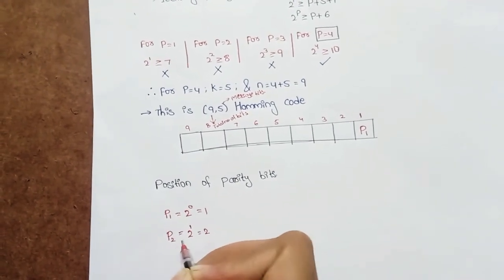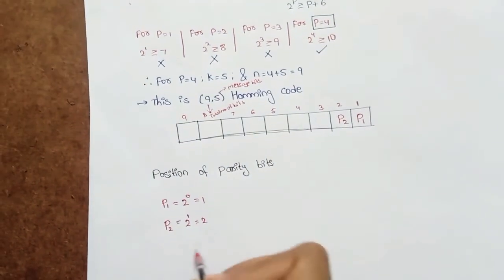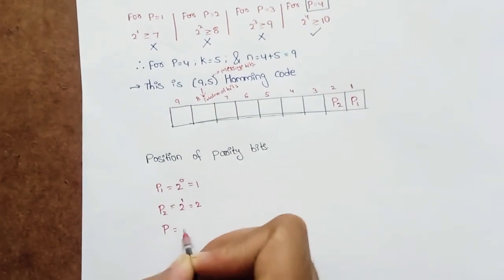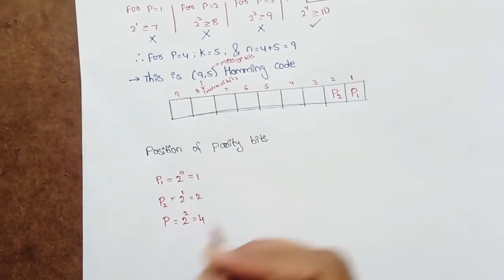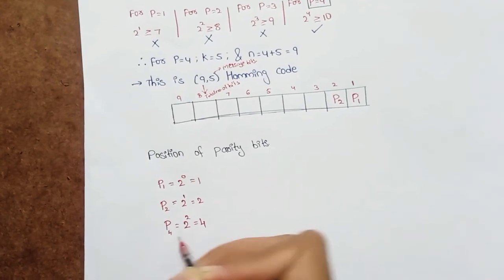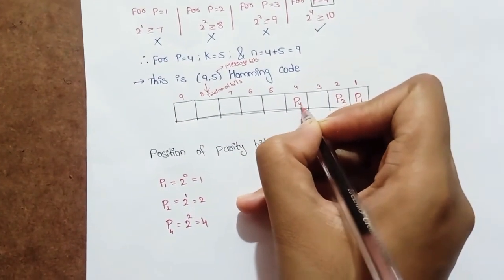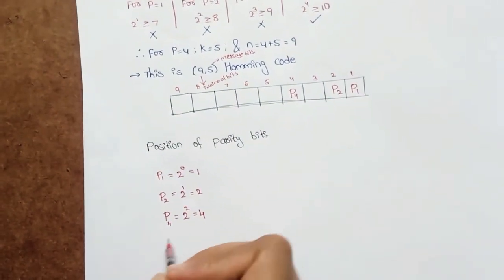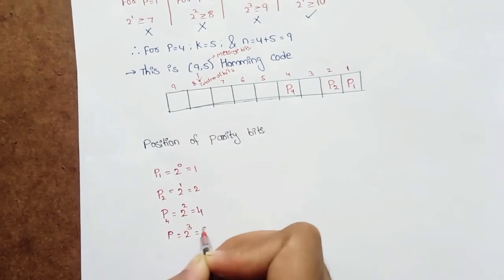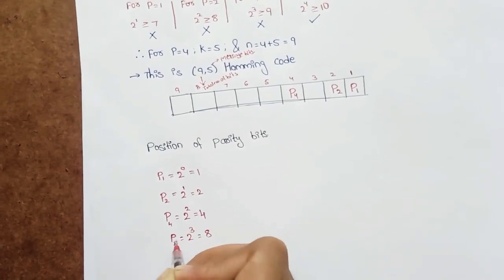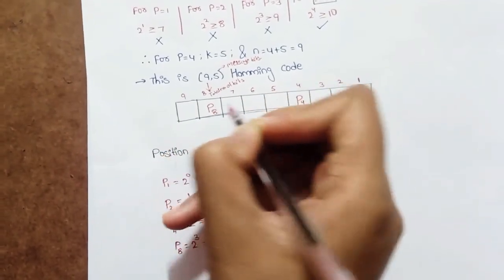At position 2, we are having the second parity bit, and for 2 power 2 we can write it as 4. At position 4, we are having the third parity bit and 2 power 3, that means 8. At position 8, we are having another parity bit.